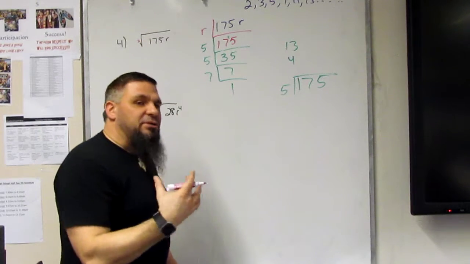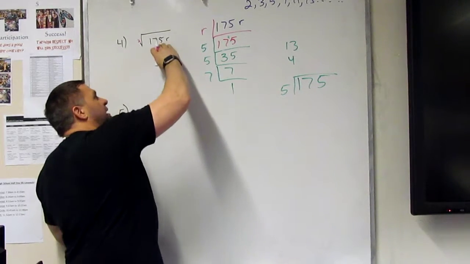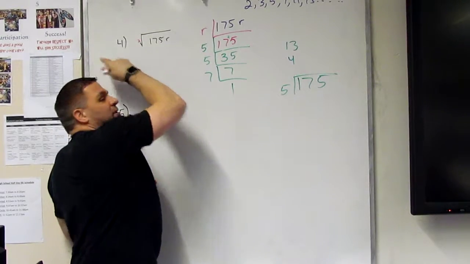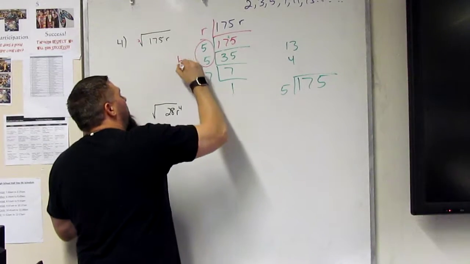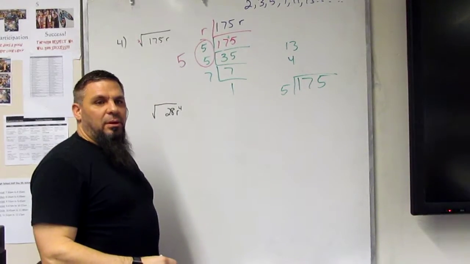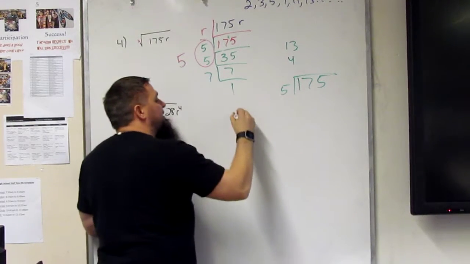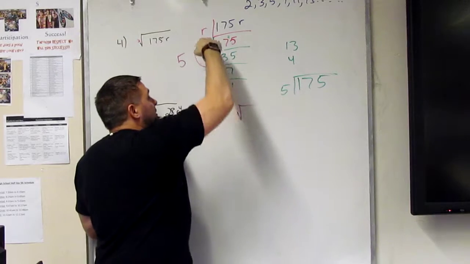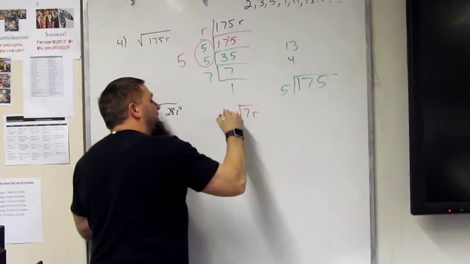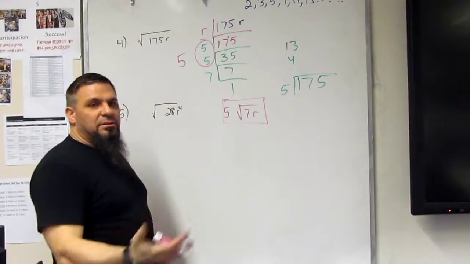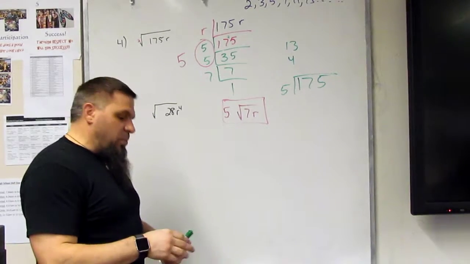What we're doing with that 2 is trading 2 pieces on the inside to take 1 out. Anything that is not circled stays in the radical. So in this case, 7 and R stay in the radical, and 5 comes out. And that's how you break it down. Every single time it works.